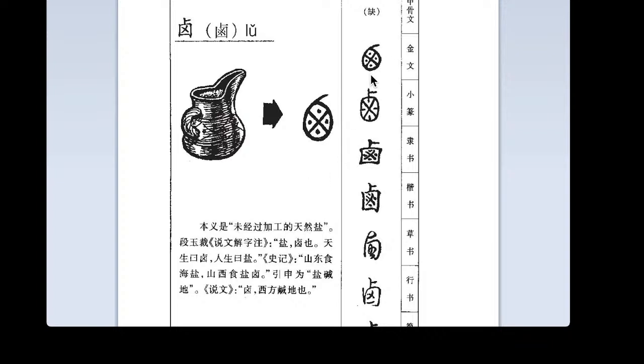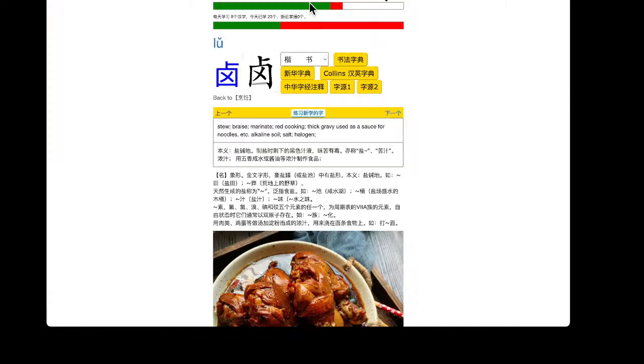That's why they call the thick liquid that makes the salt 卤. So that's the very original meaning of this character. Later on it came to mean the cooking method where you have to marinate. That's because you have to get a sauce that is very thick, very flavorful, usually containing a lot of salt. So that's the connection. All right. So this is 卤.